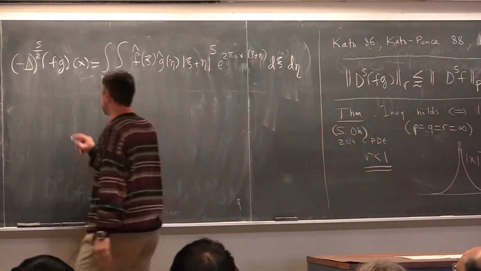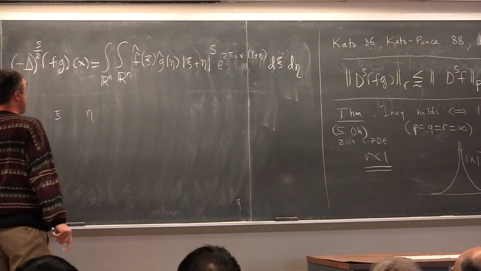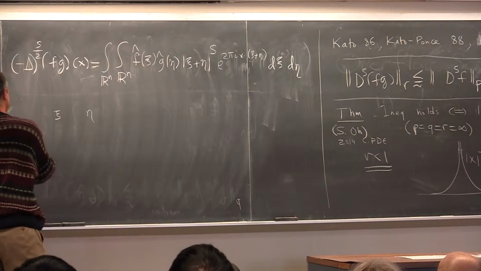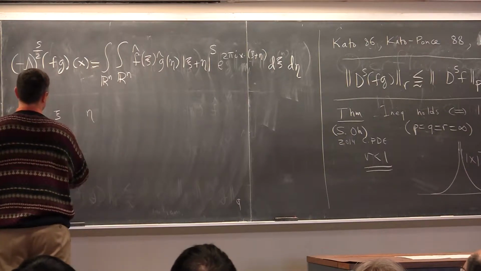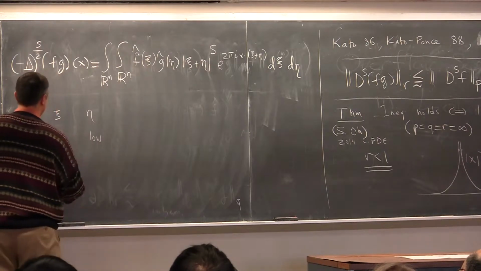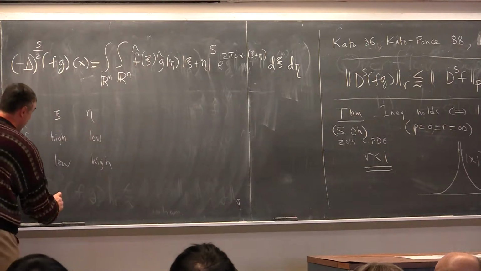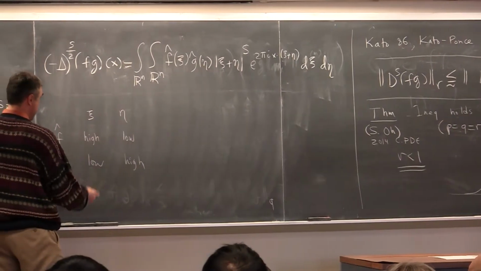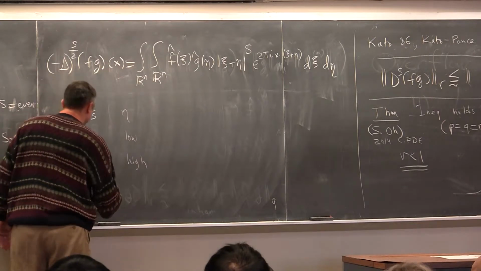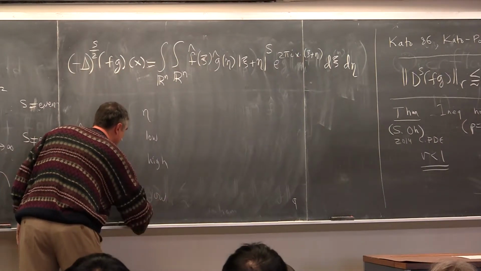So let's say that this is xi and this is eta. And this is f, and this is g. And so we can have a situation where you have a high frequency here, low frequency here, low here, high here. Or you can have the situation where both of them are low, or both of them are high.